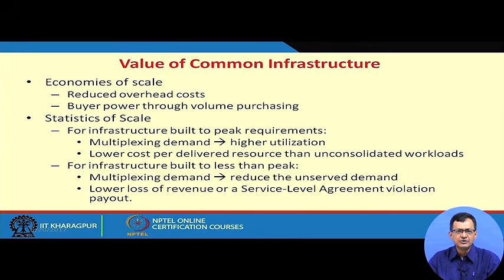With this, we want to find the valuation, whether there is an economic point of view. We look at it a little bit statistically, a very small portion, to understand this issue. One is economies of scale: reduced overhead cost, buyer power through volume purchase.